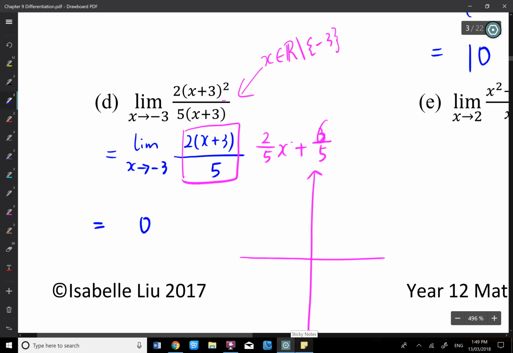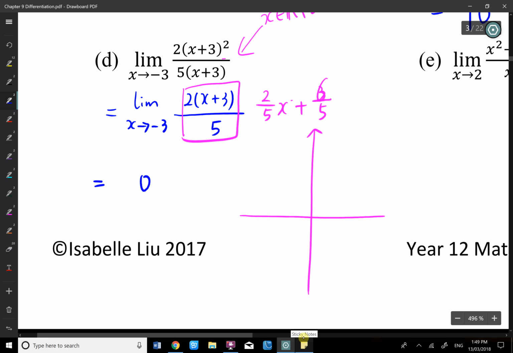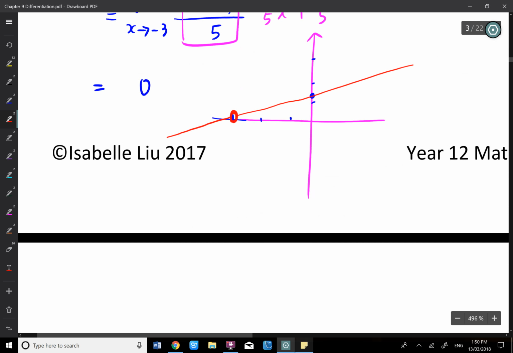The graph will look like this, and -3 is here, but you need to have an open circle at -3.